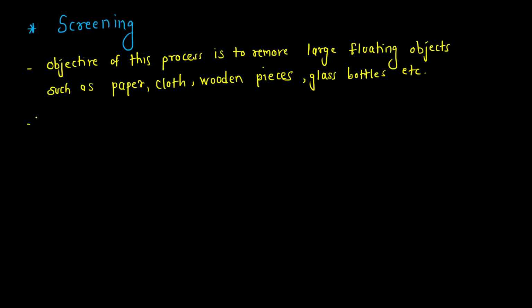If they are not removed, what will happen? It will choke the subsequent operational equipment. Whatever pumps and pipes are present in the subsequent treatment processes can get choked by these large floating objects.